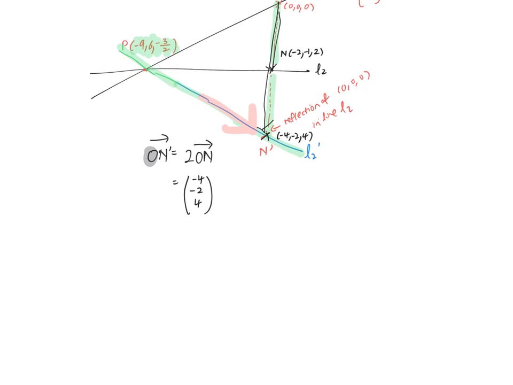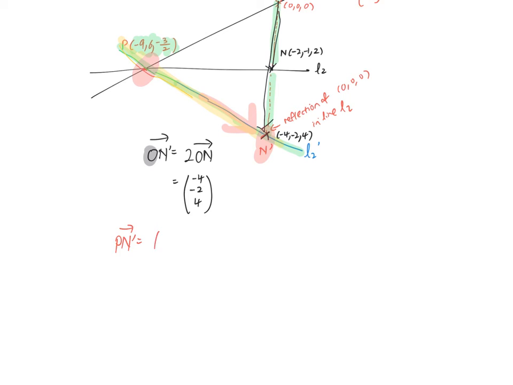To find the direction vector of this line here, basically now I have 2 points. I'm ready to create my direction vector. So let's just find PN prime. It's basically ON prime minus OP, subtracting my OP.